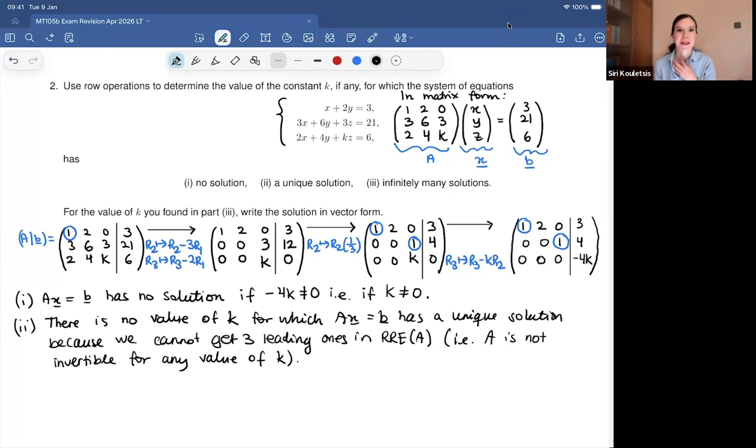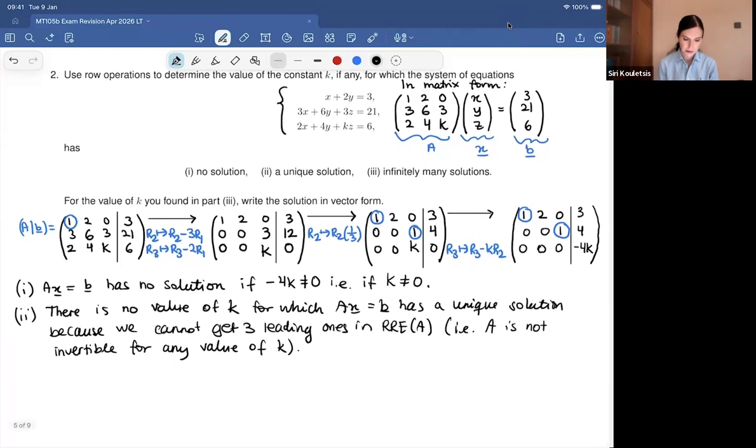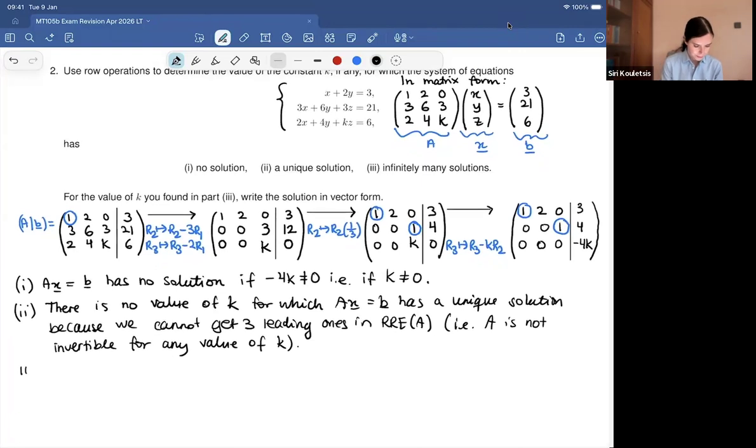So let's see what this value of k is, and then we'll write out the solution in vector form. Again, we look at this reduced augmented matrix, and we know we answered in part A when there was no solution.